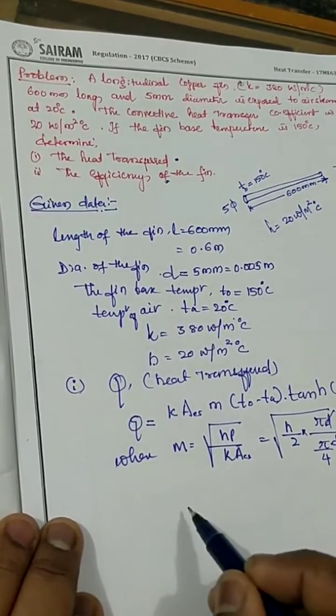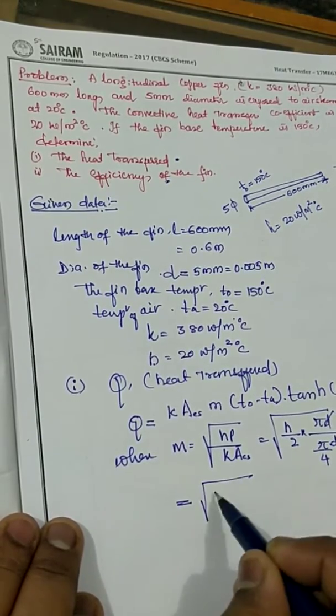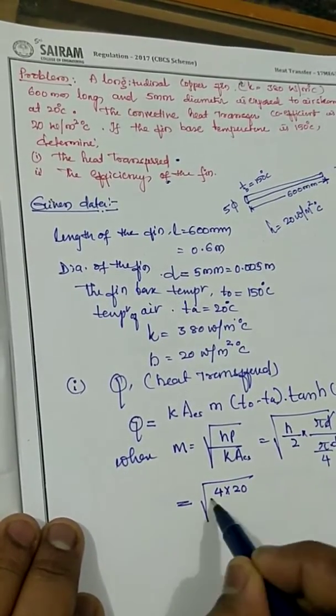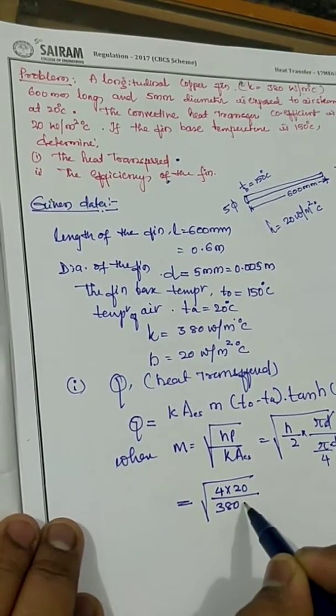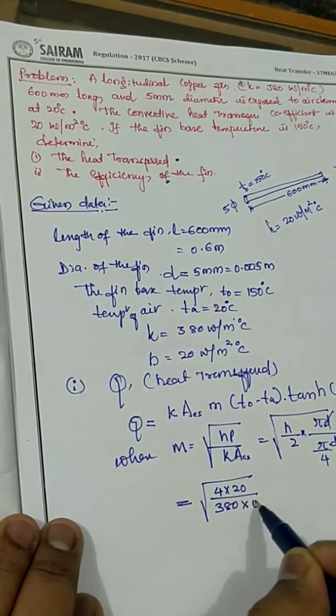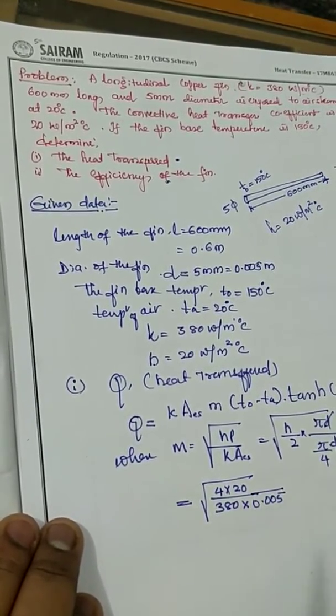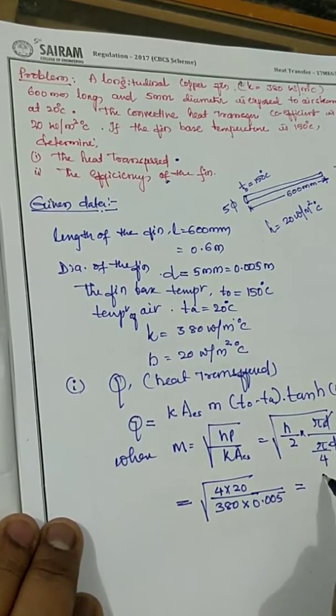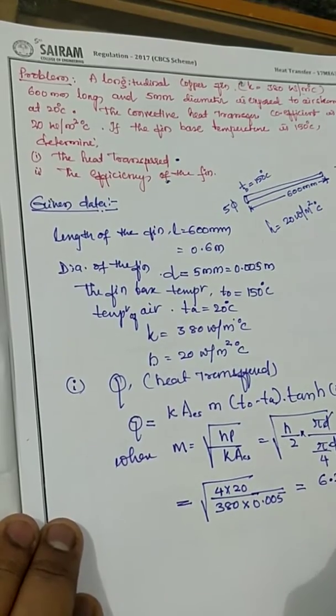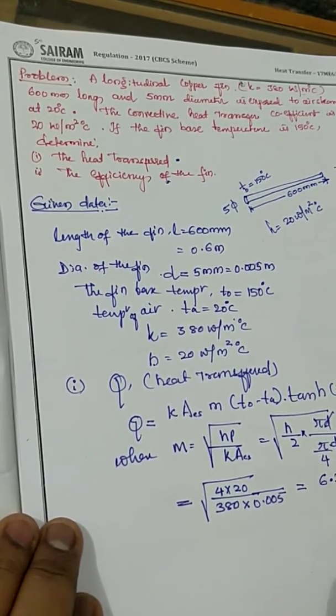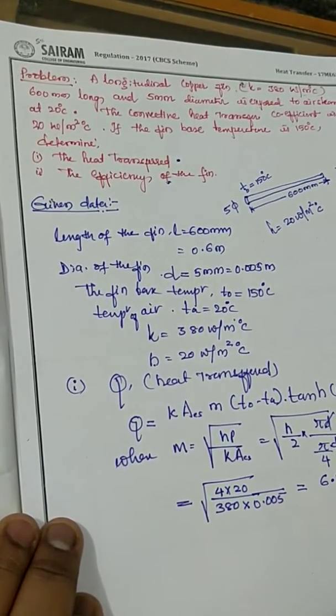So now substitute the values: 4 into 20, 380, that is thermal conductivity of copper, and 0.005. So this becomes 6.29 watts. Further, we have to calculate the heat transfer. It is given in watts. Watts is nothing but joules per second, correct?